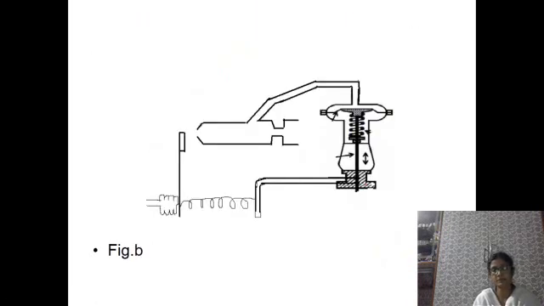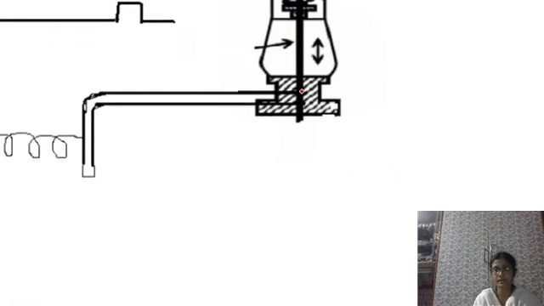This is with positioner, where the stem is connected with the flapper system along with the spring arrangement, so that when the stem goes downward, the nozzle feedback pressure increases, the downward pressure on the diaphragm will increase, so the stem will move downward, and as a result this end will move to the left.